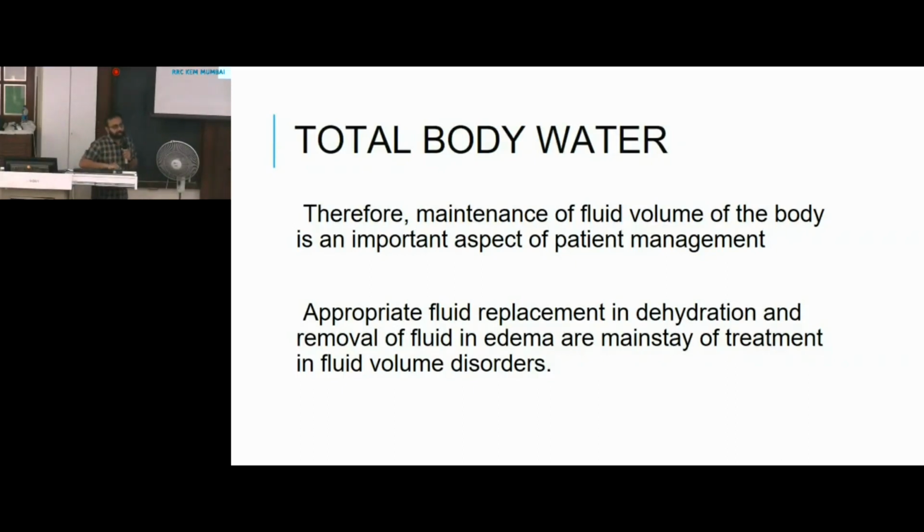Okay, rotavirus. Have you faced diarrhea and taken antibiotics? Yes or no? No. So you have taken what? ORS only.